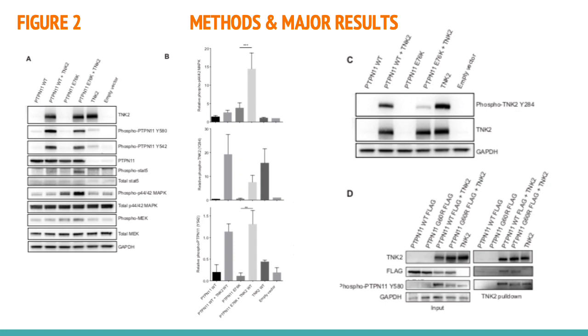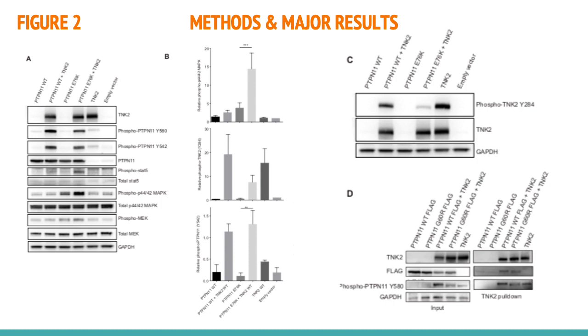So for the first test, co-expression of mutant PTPN11 and TNK2 led to more phosphorylated p44/42 MAP kinase than cells expressing the mutant PTPN11 or TNK2 alone.